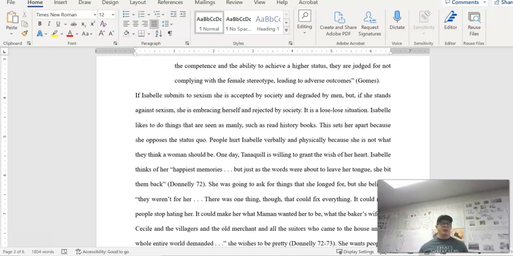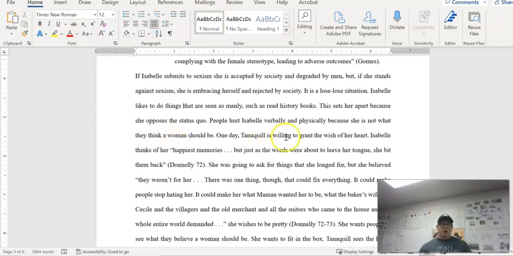That's ultimately a loss. If she accepts the sexism and is accepted by society, she has lower self-esteem and hates herself. That's a lose-lose situation. Okay, a lose-win situation would be if with choice A you lose, choice B you win. Which one do you want? But either way, this is a lose-lose for her because she's a woman. That sucks.